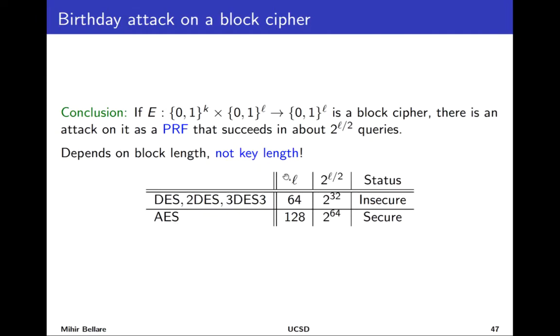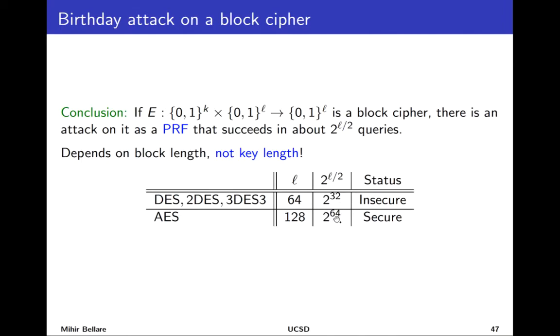For AES, this block size is 128. The birthday attack is still damaging. Its running time is 2 to the power 64, whereas the best key recovery attacks we know take time about 2 to the power 126 or something like that. So it's way better than exhaustive key search or even the best known key search, but still pragmatically it's kind of out of reach.